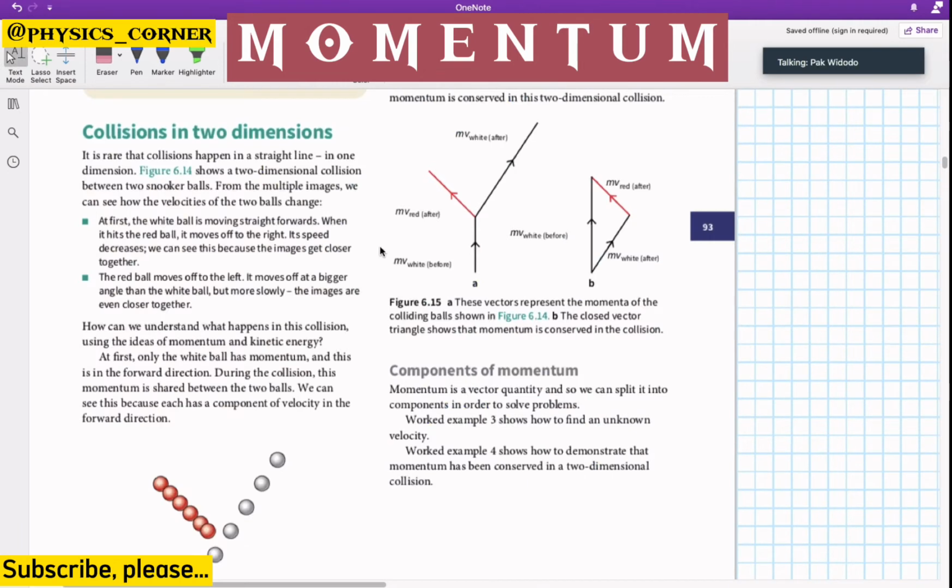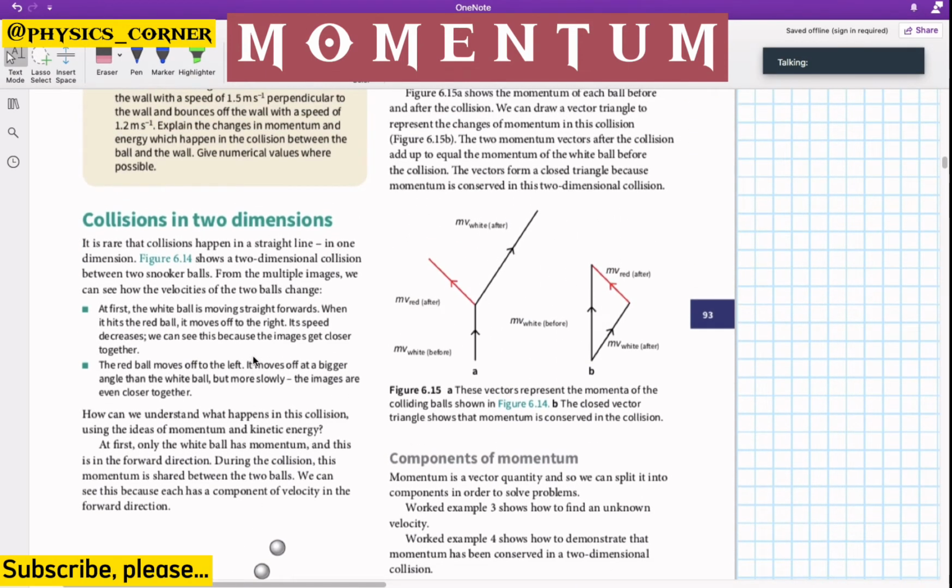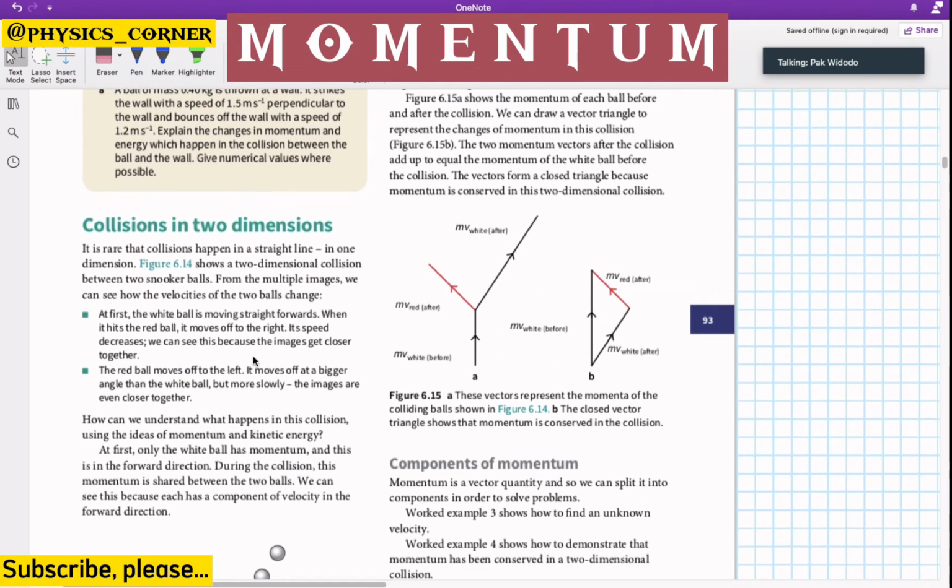Then there is collision in 2 dimensions. This is actually the same thing. The concept is the same: the collision allows momentum to be conserved. Momentum after equals momentum before.